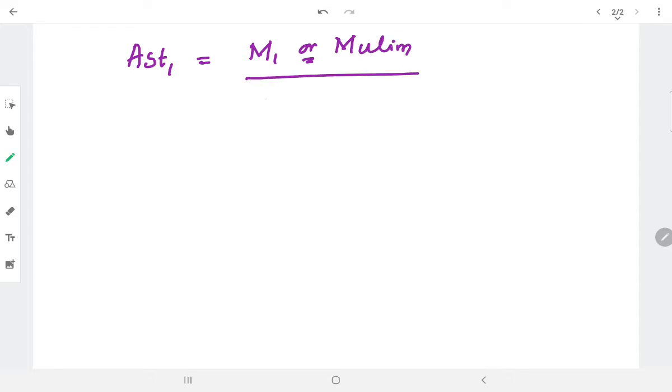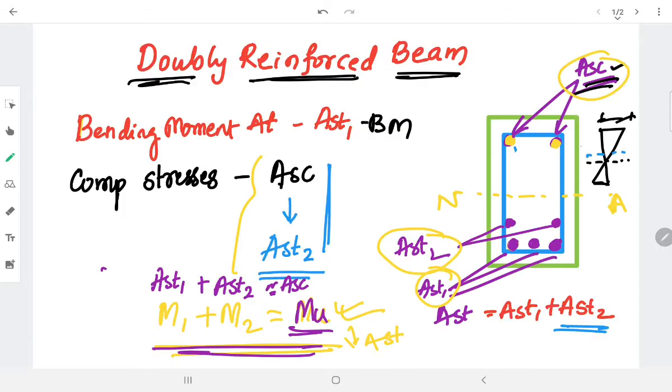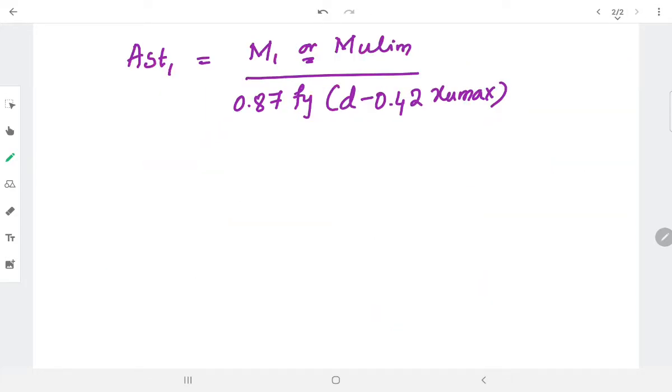As I said earlier, only if Mu is greater than Mu limit will we treat it as a doubly reinforced beam. So here Mu limit becomes M1.